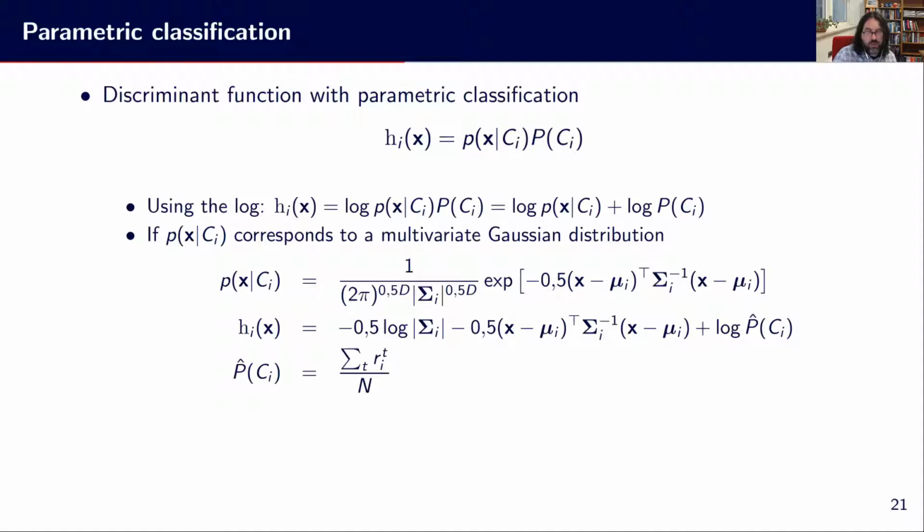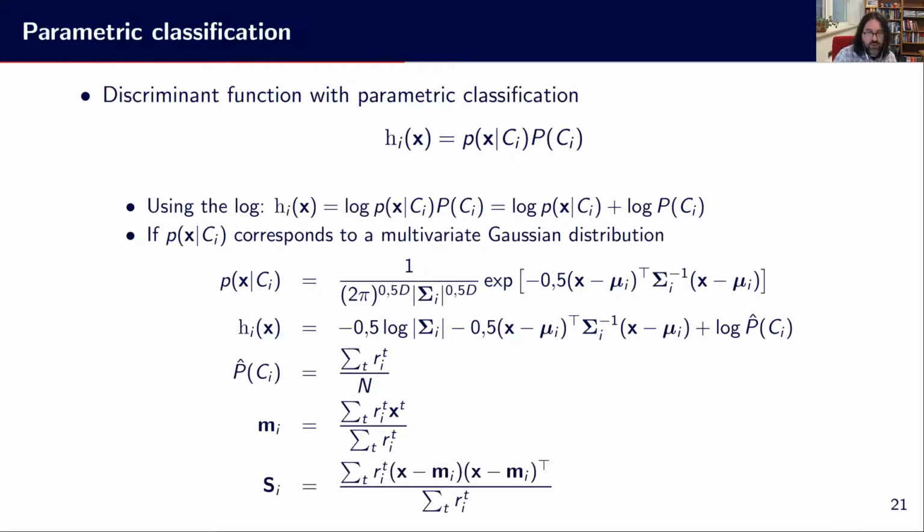And we can approximate the prior directly from the data using the number of samples from class Ci given the total dataset size. And we can approximate the mean vector that way. So the mean vector is approximated from the data, and the covariance matrix is also estimated from the data.